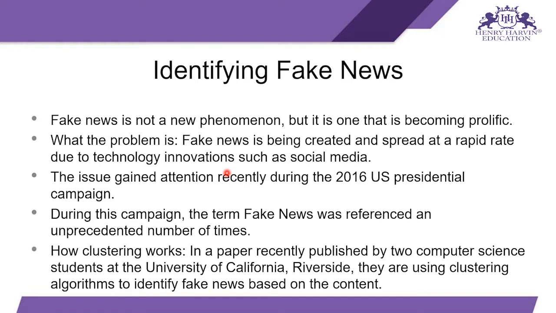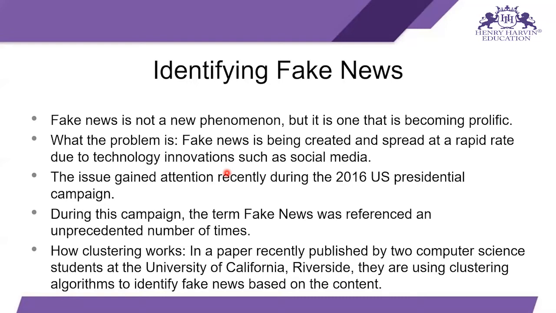So basically, during this campaign, the term fake news was referenced an unprecedented number of times. People were trying to give fake news to other people and manipulate them so that they could change their decisions by seeing the fake news. That's how fake news came into action in the 2016 US presidential campaign.